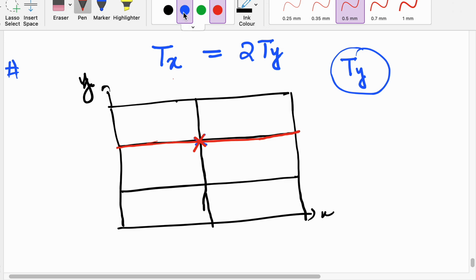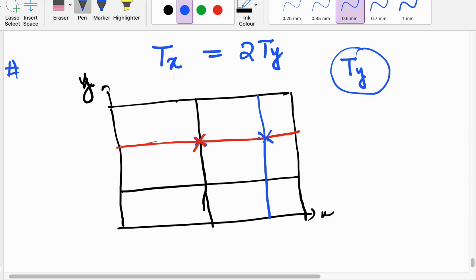Suppose tx reaches some value in between, so the position of x will be anywhere on this line, and the system state will be here.